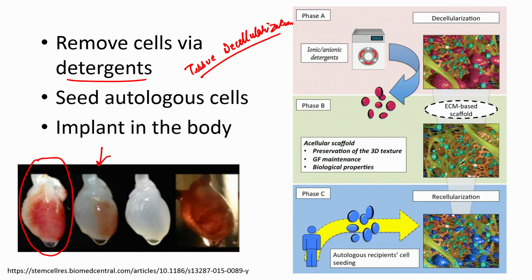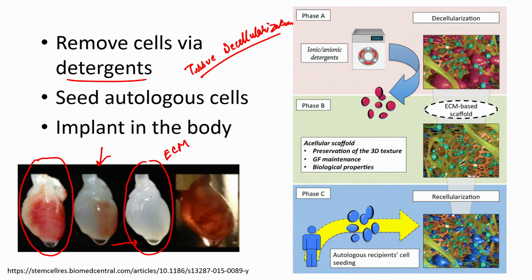You start to see all the pigment is gone, all the blood and all the different cells that were present are gone, and eventually you get a very clean organ that contains only the ECM structure, which is fairly conserved among different species and among different individuals.